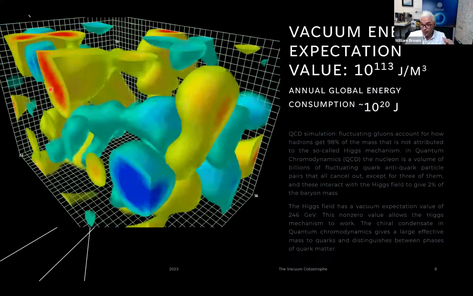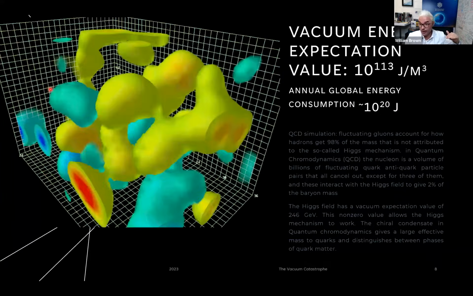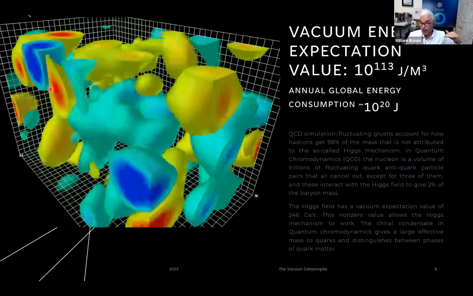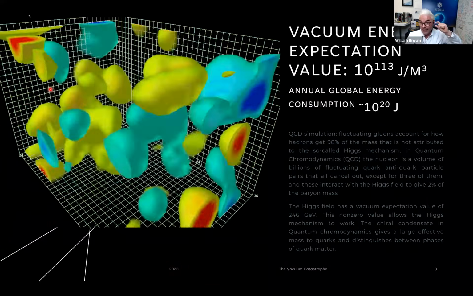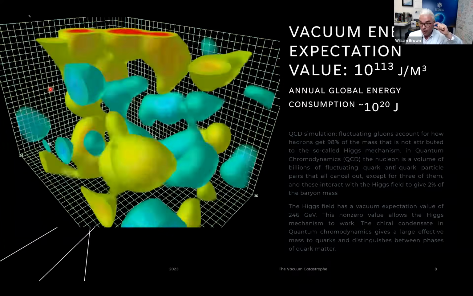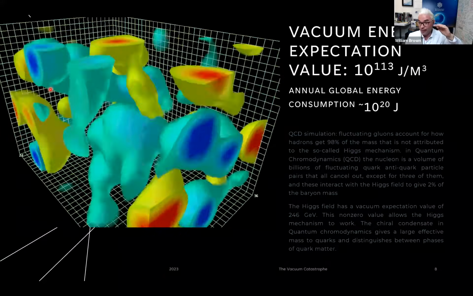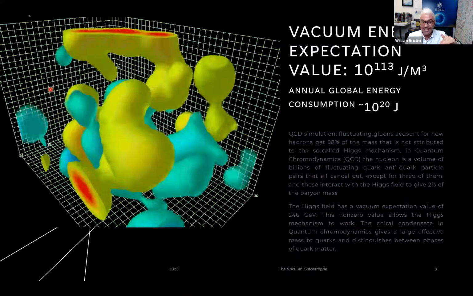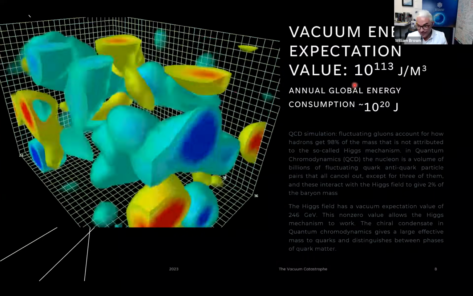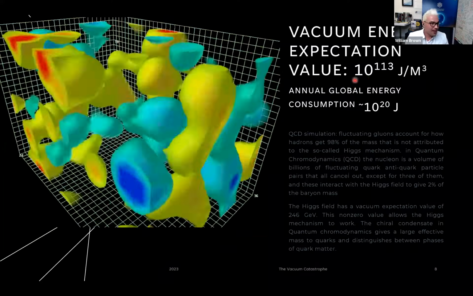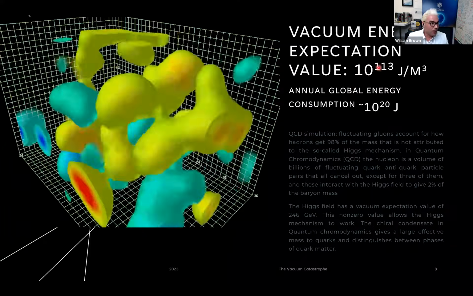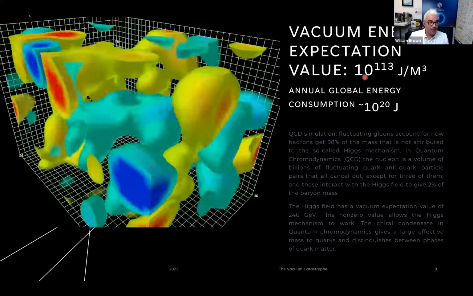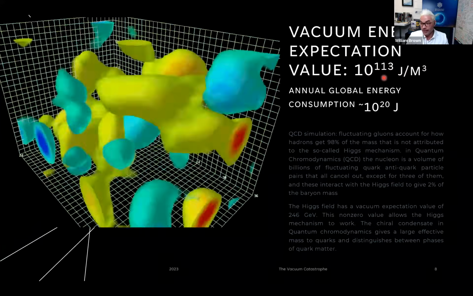After renormalization, where you introduce a cutoff value, usually the Planck length cutoff value, so you can only have energetic oscillations, little quantum harmonic oscillators that are of the Planck length, nothing smaller. That's your cutoff value. When you do that renormalization process, then you get a finite number, and it's generally calculated to be about 10 to the 113 joules per meter cubed. In a cubic meter, 10 to the 113 joules of energy.